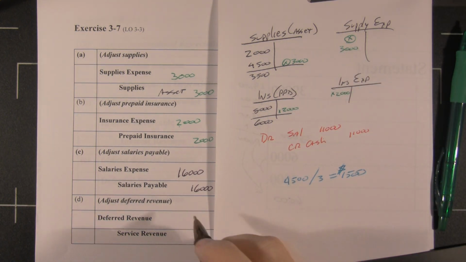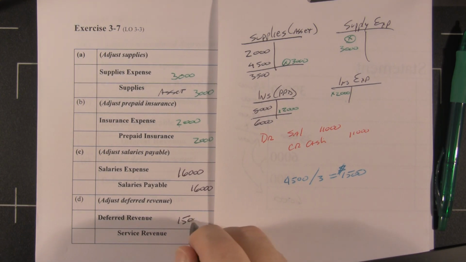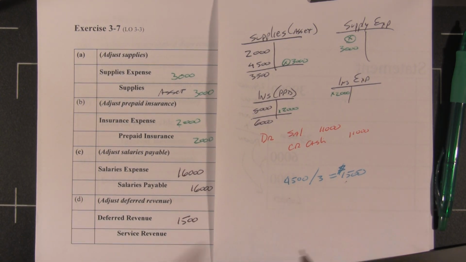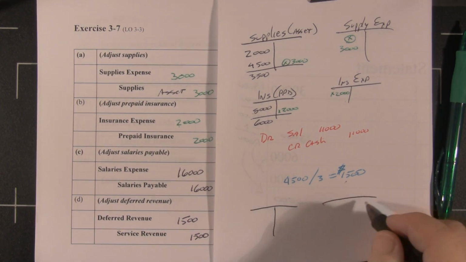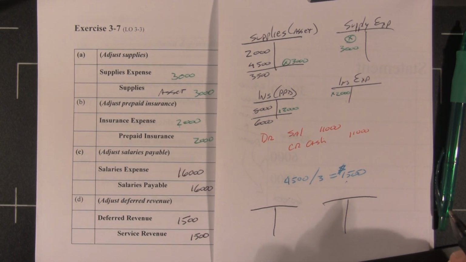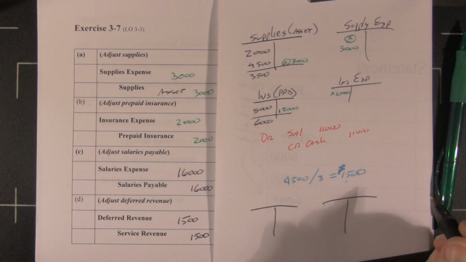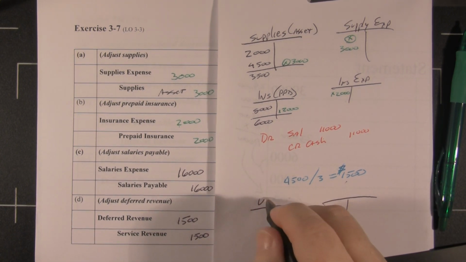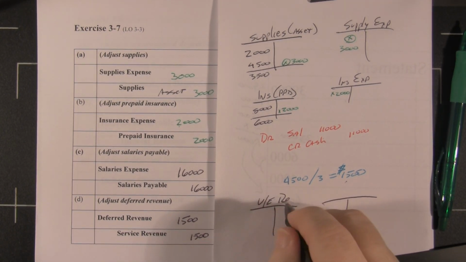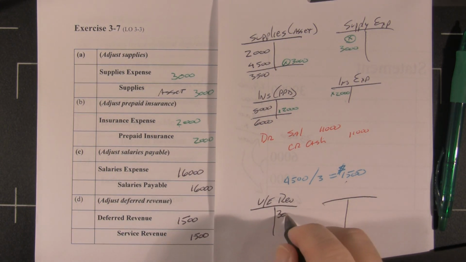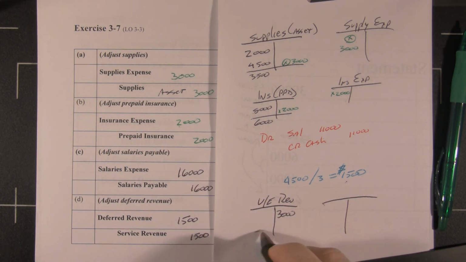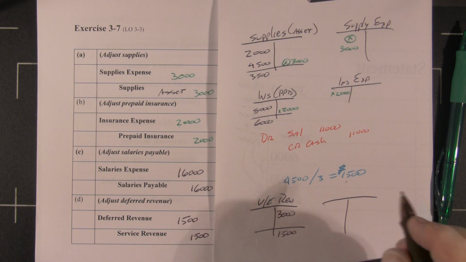We debit deferred revenue, $1,500. We've earned that 1 month, and we credit our revenue account $1,500 because we've earned that. So if you wanted to look at it in T accounts, it tells us that at the December 1st, in our unearned or deferred revenue, we had a balance of $3,000, and at the end of the period we had a balance of $1,500.